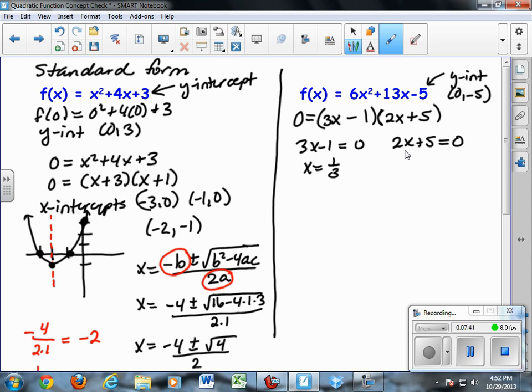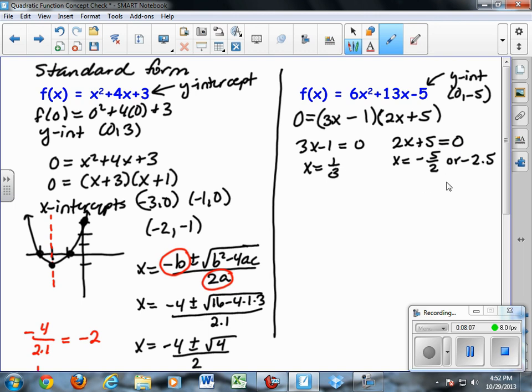What do I multiply by 2 to get negative 5? That means x has to be negative 2.5, or negative 5 halves. So positive 1/3, negative 5 halves, or negative 2.5.